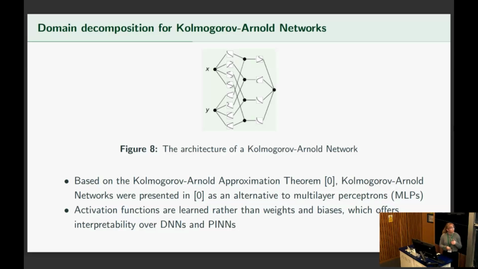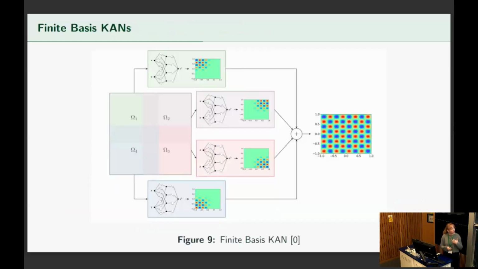In this work, we test how well Kolmogorov-Arnold networks perform for multi-scale problems, and we offer an improvement through domain decomposition that can be used to address multi-scale features. In this architecture, briefly summarizing, we break up our domain into smaller subdomains using partition of unity functions, and these domains are also overlapping.